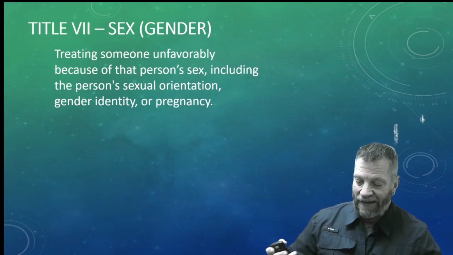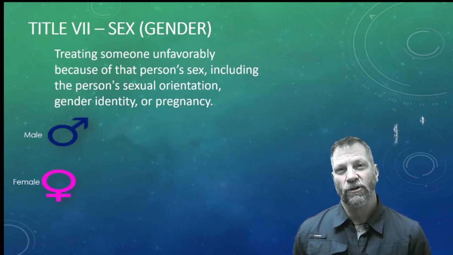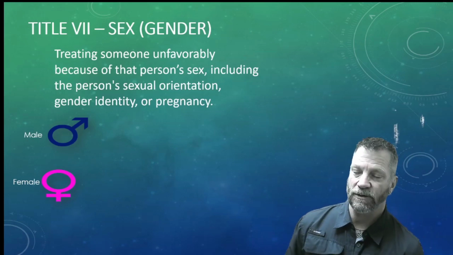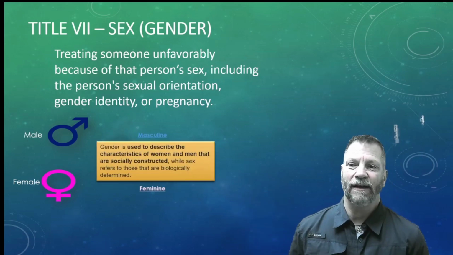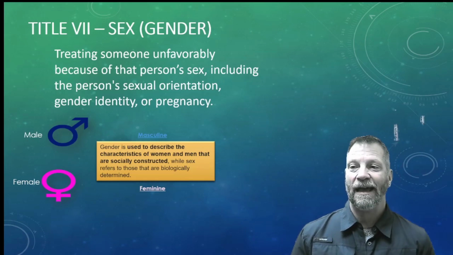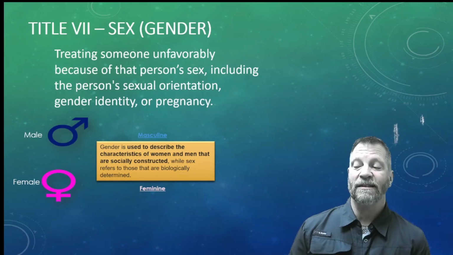So to break it down just a little bit, male and female, those are our biological parts, okay? Gender, you have masculine and feminine. Gender is used to describe characteristics of a woman and a man that are socially constructed. Okay, it's a social thing.